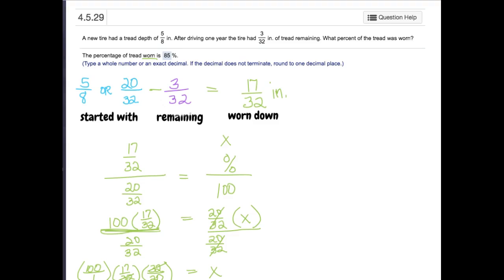So if we go ahead and do that, we get 85. And since that is what our X value represents, our percent, that tells us that 85% of the tire wore off.